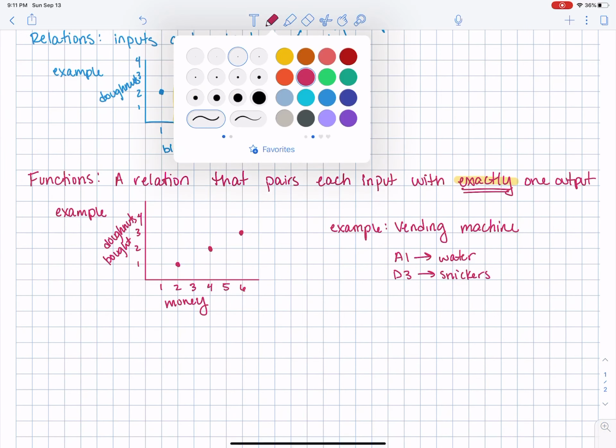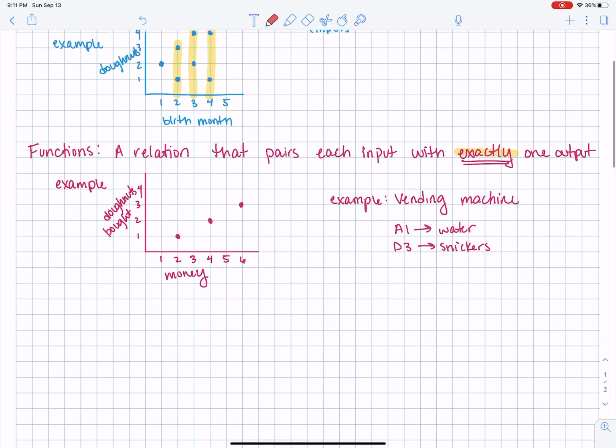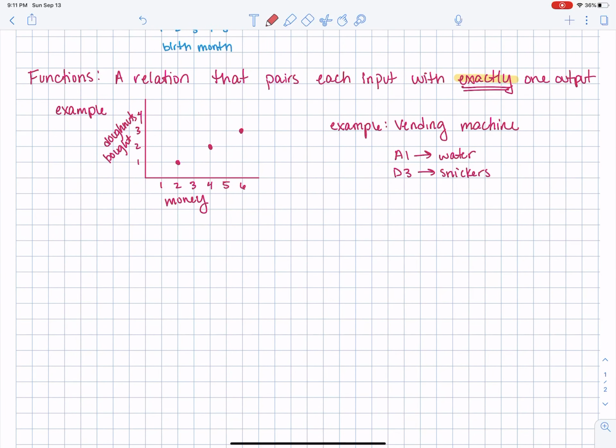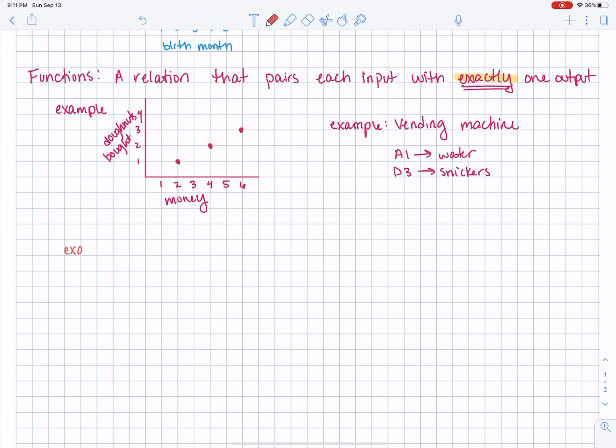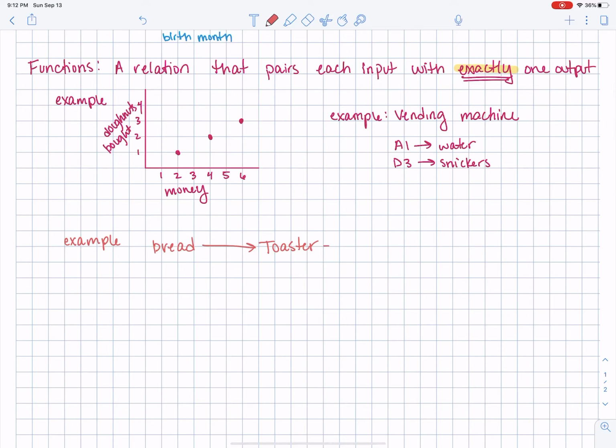Another example that I like to use, and I'm going to switch colors for this one, go to our peach. Example of our function, and one of my favorites, is when you put bread into a toaster. Whenever you put bread into the toaster, you're always going to get toast out of that. Bread into the toaster, you're going to get toast.